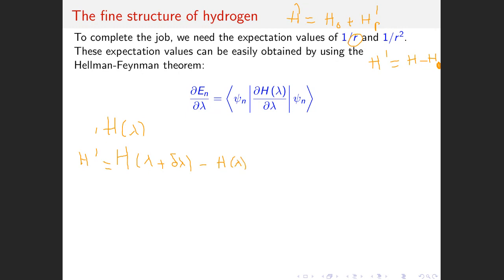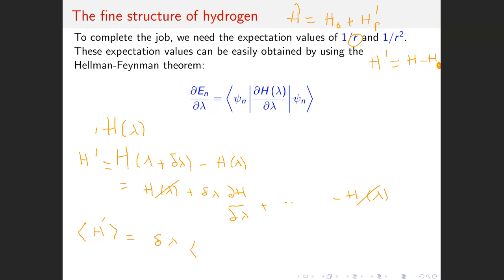If you do a series expansion, where delta is a small number, this gives you H of lambda plus delta lambda dH over d lambda plus dot dot dot, minus H of lambda. That cancels that.